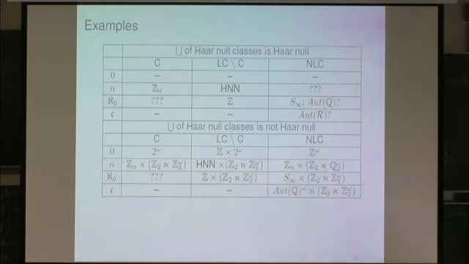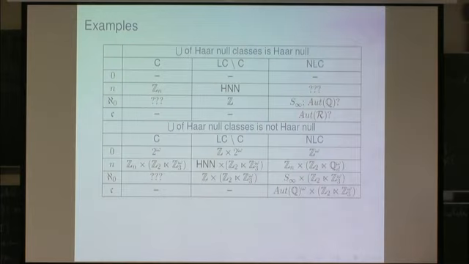So a couple of words about these examples. This H&N means, so what is this? We want a locally compact, non-compact group with a finite number of conjugacy classes. This can be achieved with the so-called Higman-Neumann-Neumann extension.